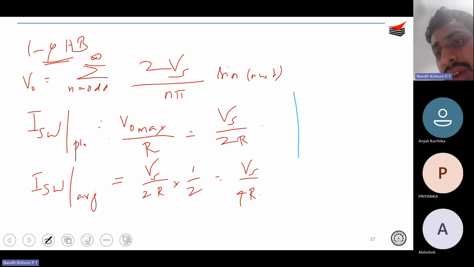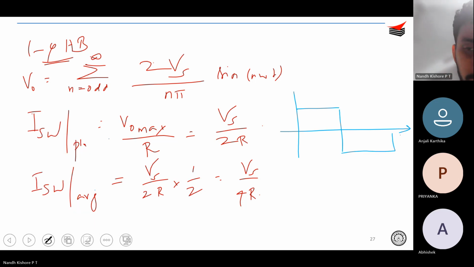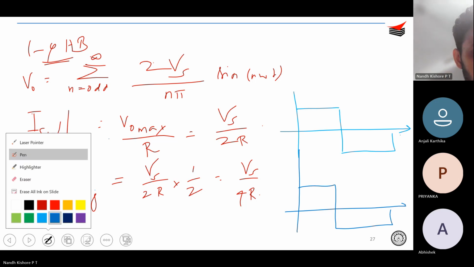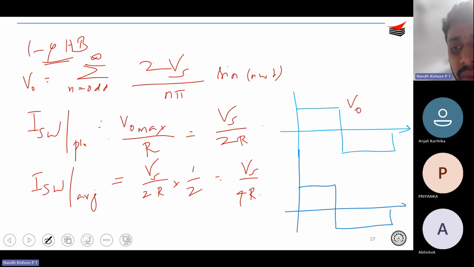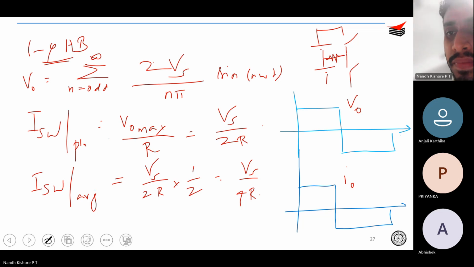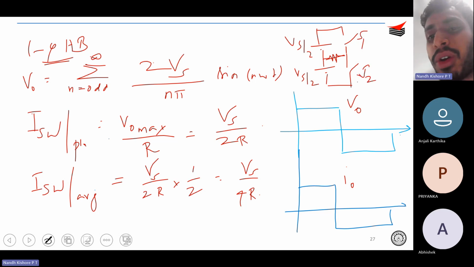So I will just draw the waveforms. So this is your V naught and this is your I naught. I'm just drawing it in a very small fashion for you guys, but I just wanted to tell the formula over here.